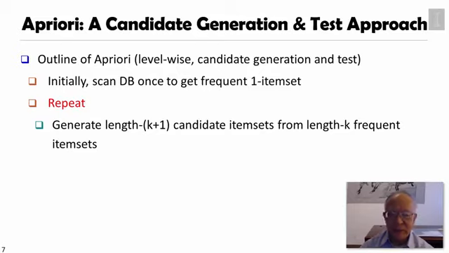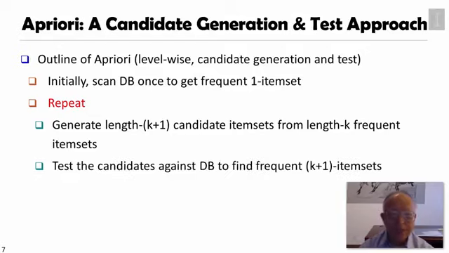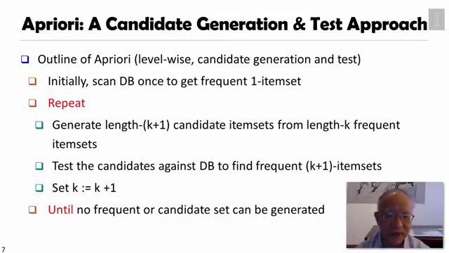At the k-th iteration, you are going to take length k frequent item sets to generate length k plus 1 candidate item sets. Then you go against the database to test these generated candidates and find the real frequent k plus 1 item sets.